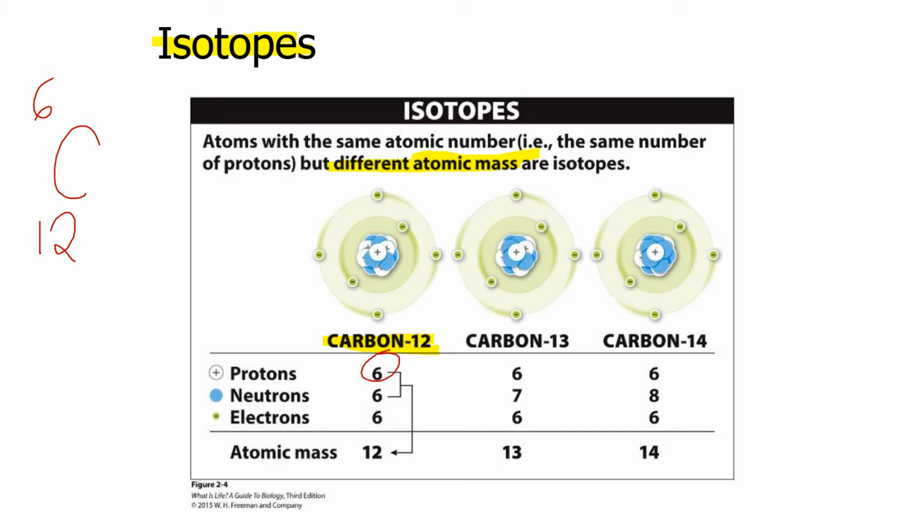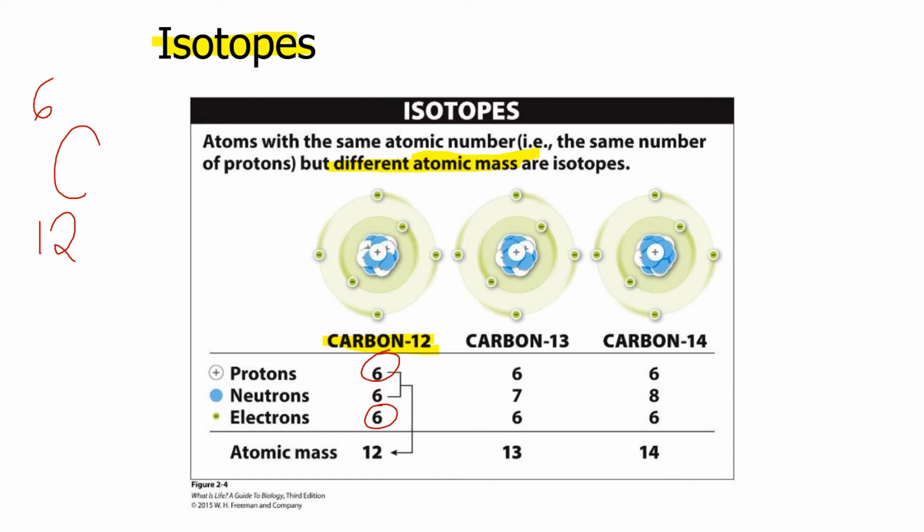We always say that the number of protons is equal to the number of electrons, so we also know that it has to have 6 electrons. Now, how can I figure out how many neutrons this carbon carries? I am going to subtract 12 minus 6, because 12 is my atomic mass, the number of protons plus neutrons.